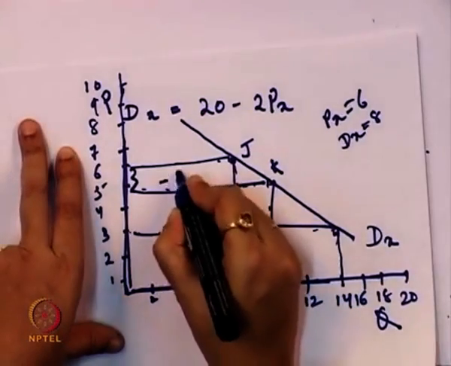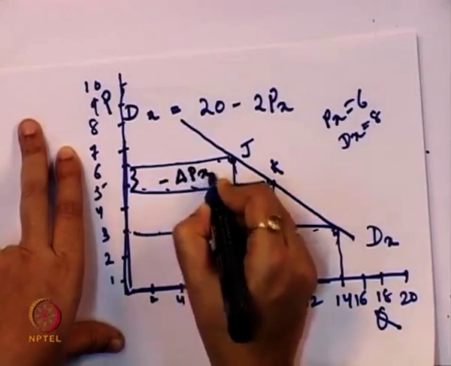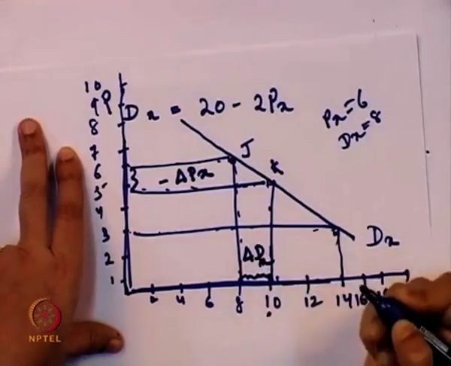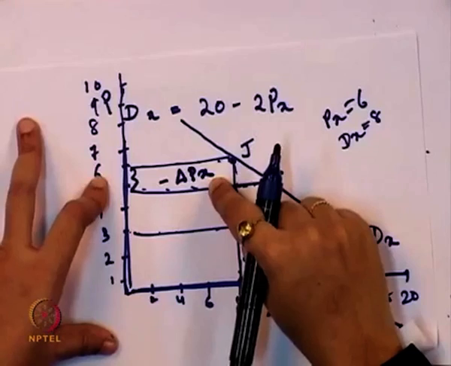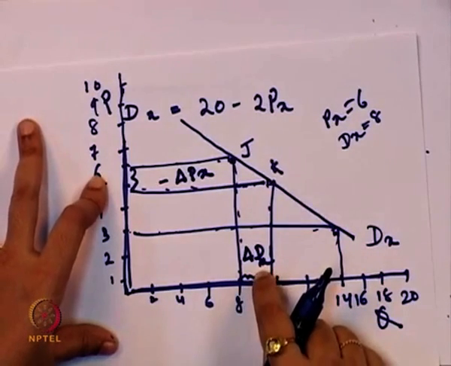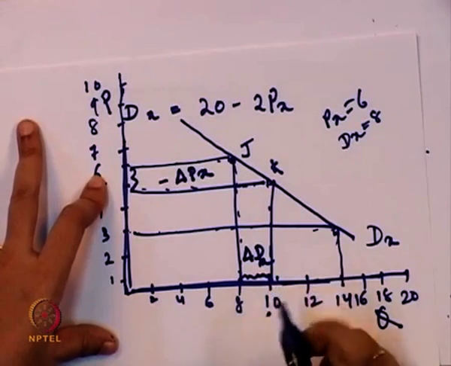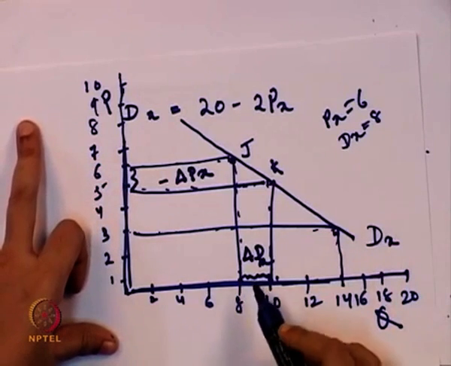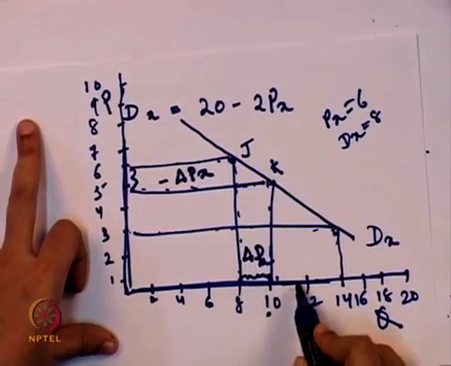So, this is the change in the Px and this is the increase in the Dx. This is minus because there is a decrease in the price, and this is plus because there is an increase in the quantity demanded. So, when price of X decreases from 6 to 5, quantity demanded increases from 8 to 10.